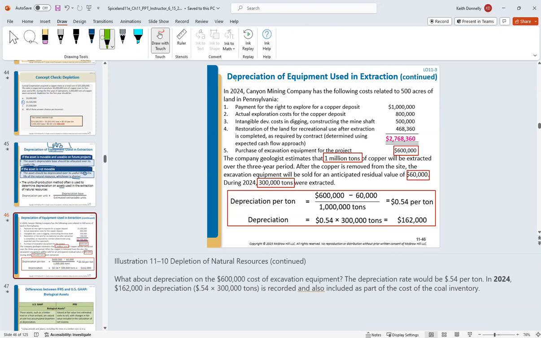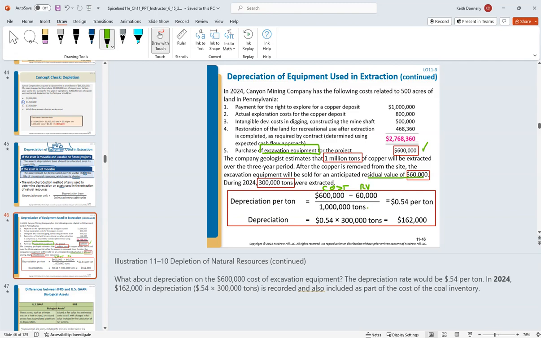Here's a good example, giving you some numbers. We have that same fact set, but now in addition, we bought some excavation equipment for 600 grand. We think it's going to have a residual value of 60. So we'll do cost minus residual value.